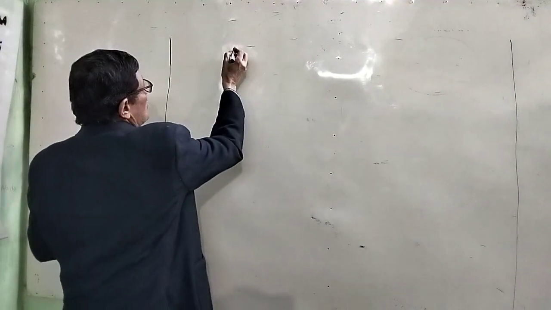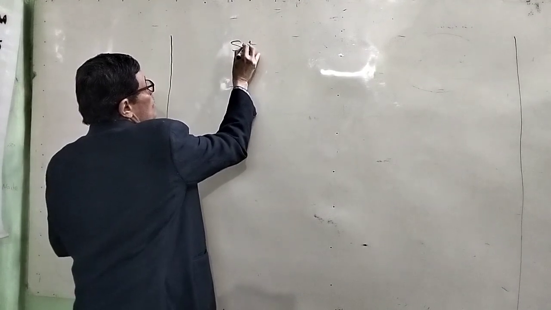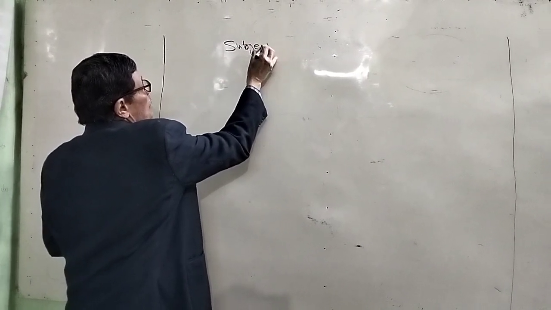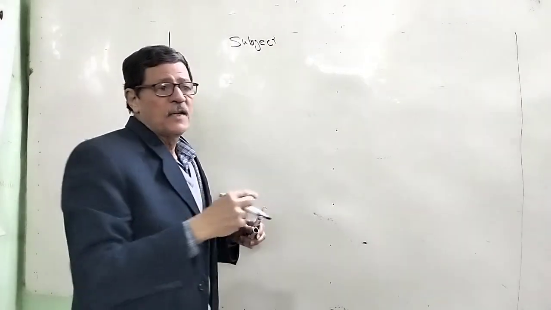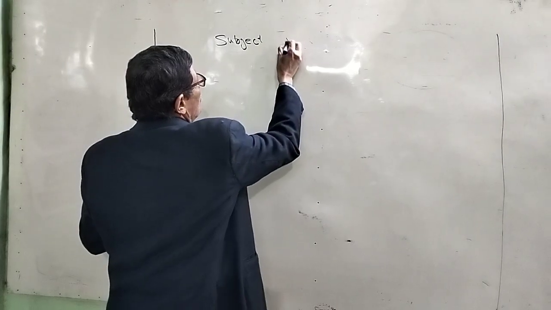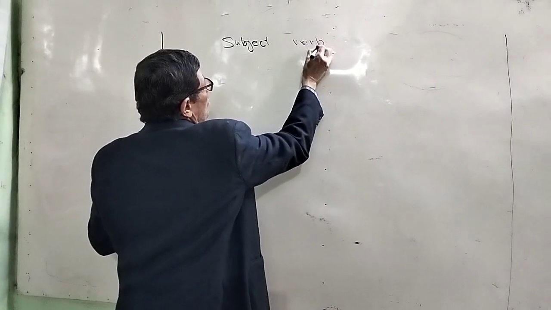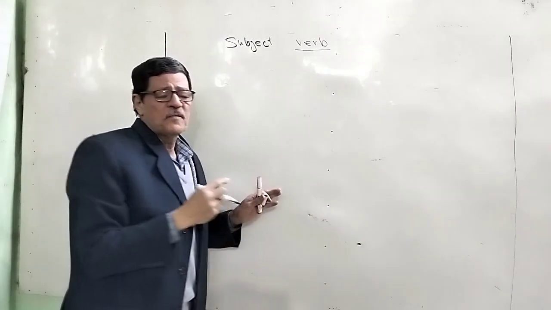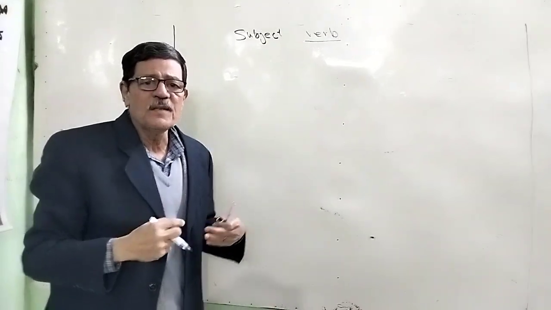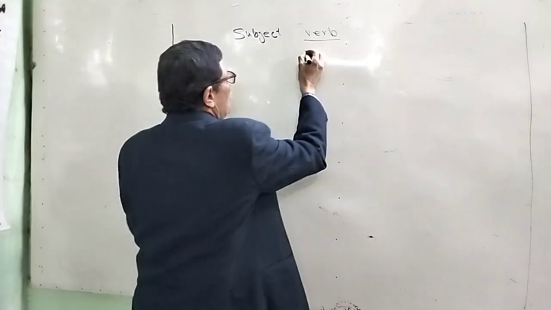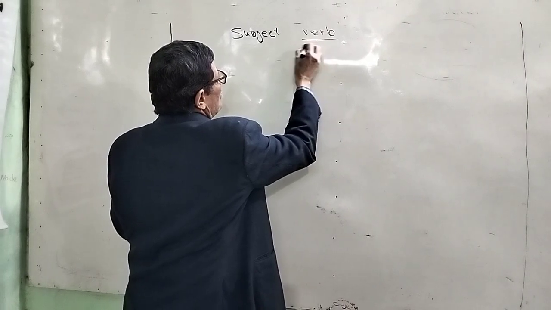We begin the sentence with the subject, then the verb. What is the verb in the sentence? We mean the tense. We mean tenses.